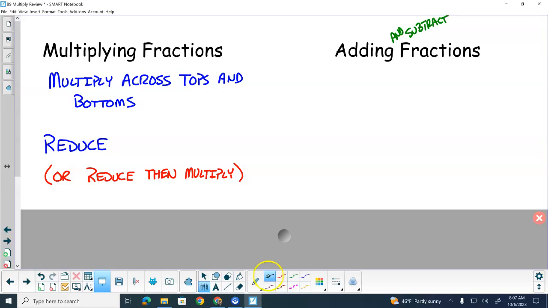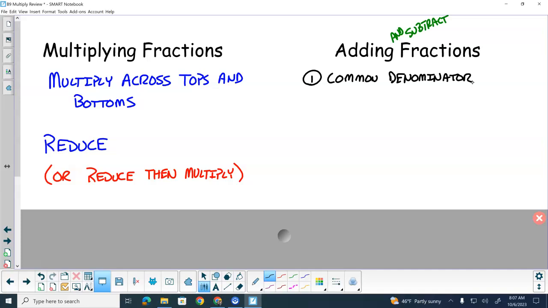The first one here is we got to get a common denominator. If you want, you can write this down, it's good too, but you don't have to, because this is all in your notes from this week. This is just a recap of everything this week. But yeah, if you want to write it, that's fine.